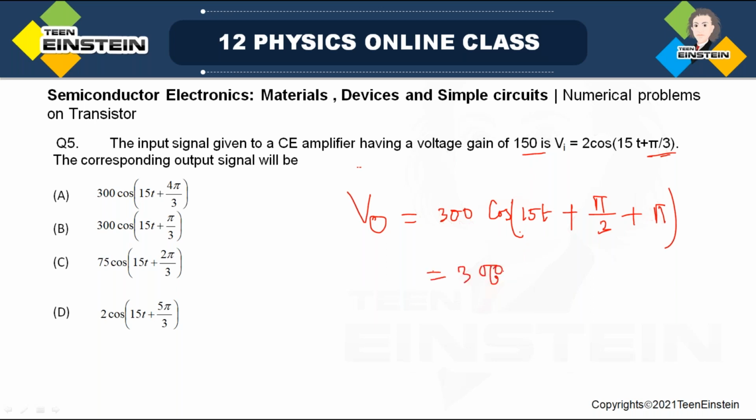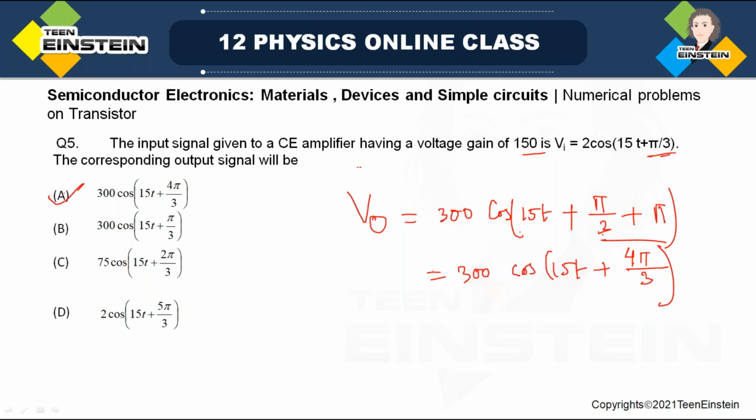We should get 300 cos of 15 t. So frequency doesn't change, so the term multiplied with time will remain as it is. Only the phase will change. It is pi by 3 plus pi, so it will be 4 pi by 3, and hence the first option will be the correct answer for this question.